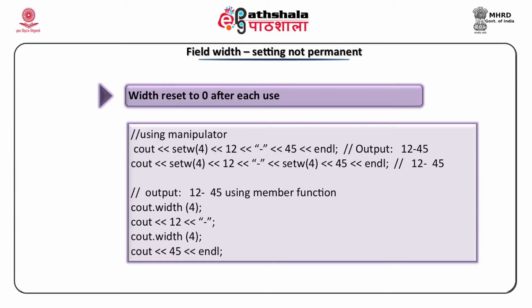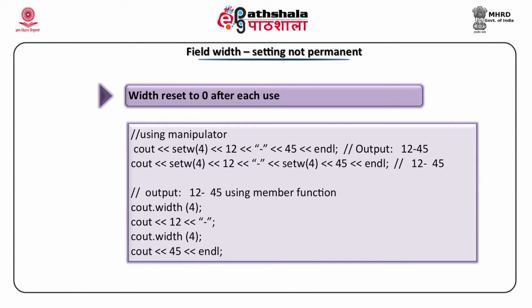In this case, the output will be space 1 2 because 12 is to be displayed using 4 positions. Now, after that the width is set to 0 again, and therefore, item dash will be displayed just using single character as per the requirement, and 45 will also be displayed using the required width, that is only 2 positions, and therefore, our output will be space 1 2 dash 4 5.